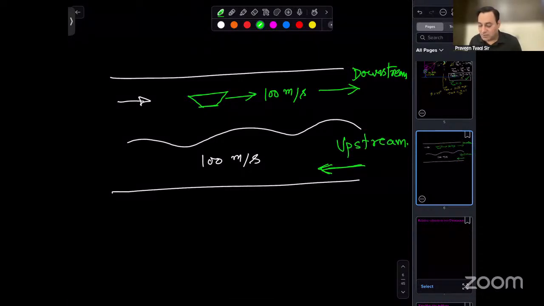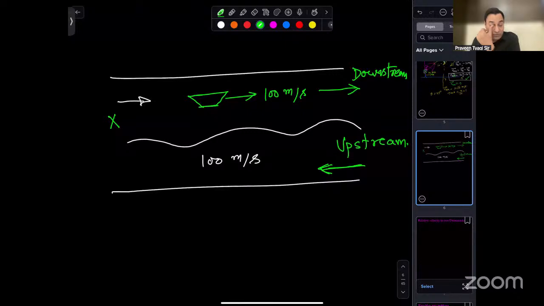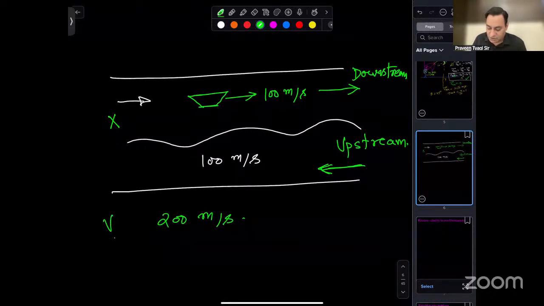So suppose I tell you, this is not a river, it's a swimming pool with still water. And there is a swimmer who can swim in still water with a speed of 200 meters per second. This is the velocity of the swimmer in still water, velocity of man, whatever you call it.